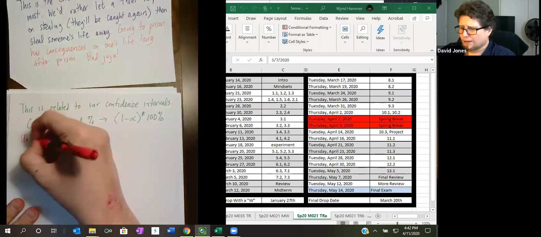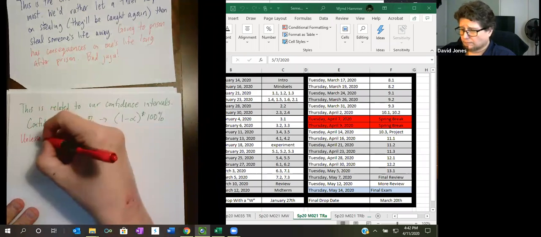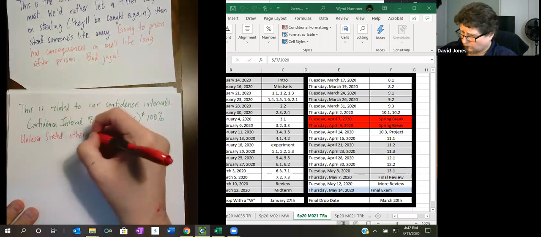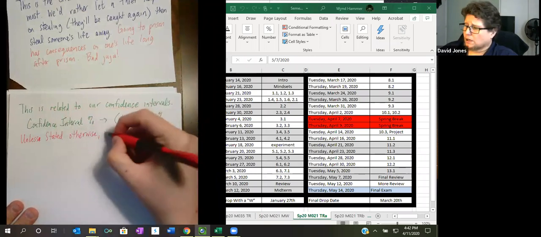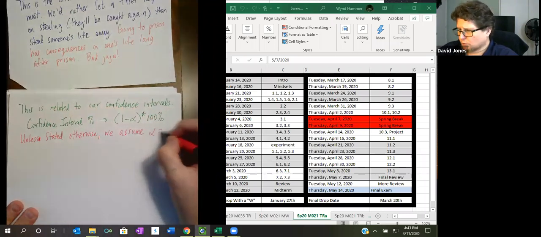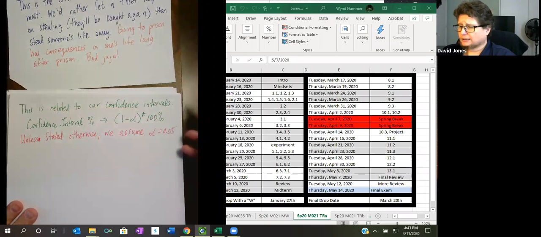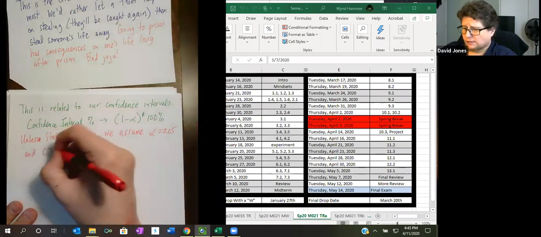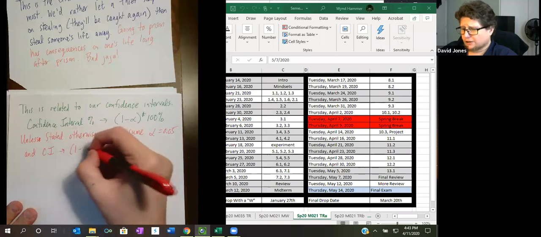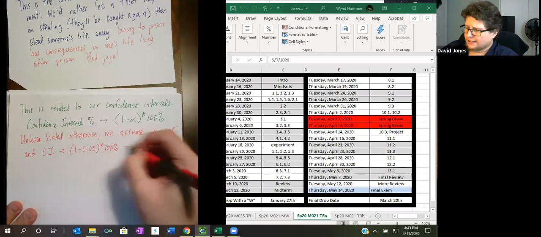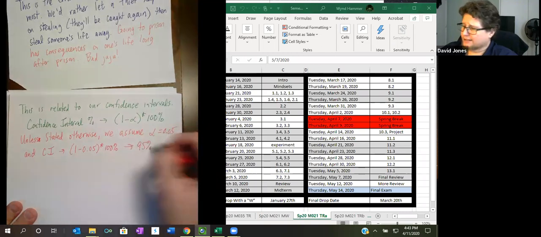Unless stated otherwise, we assume alpha equals 0.05, and the confidence interval is 1 minus 0.05 times 100%. This leads us to a 95% confidence interval.